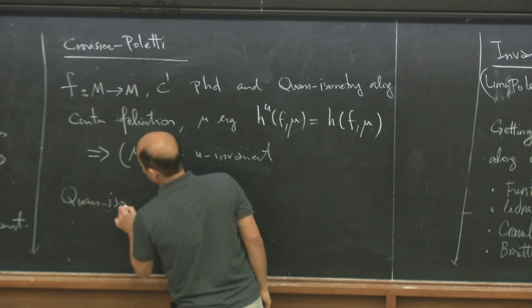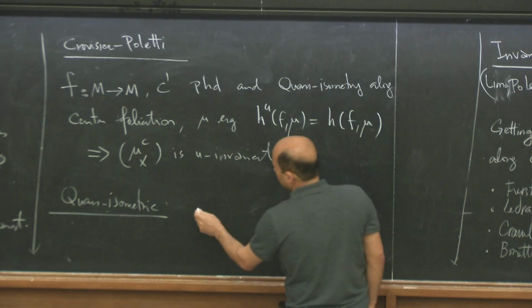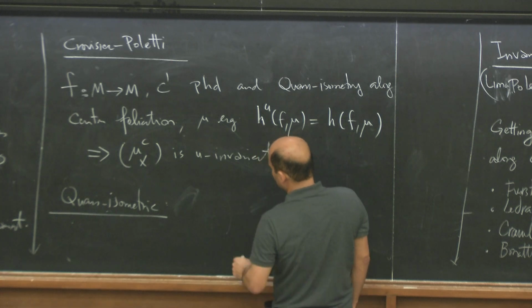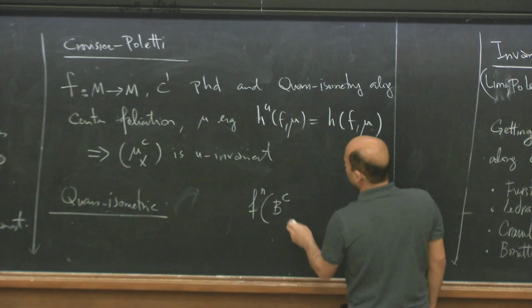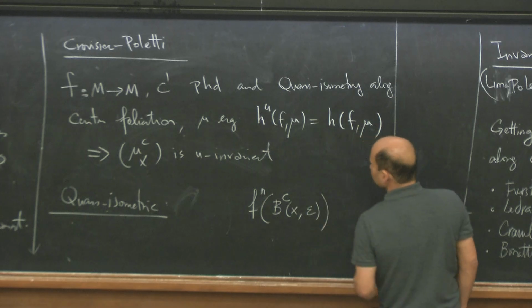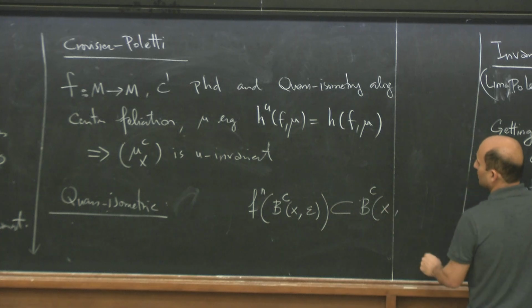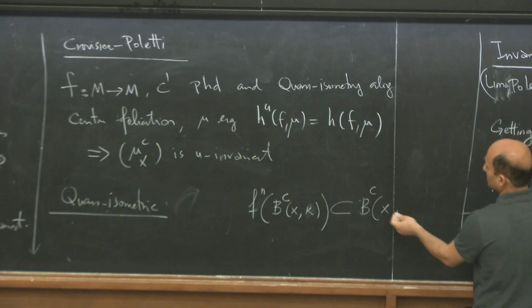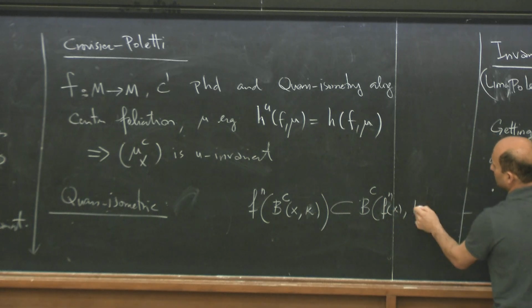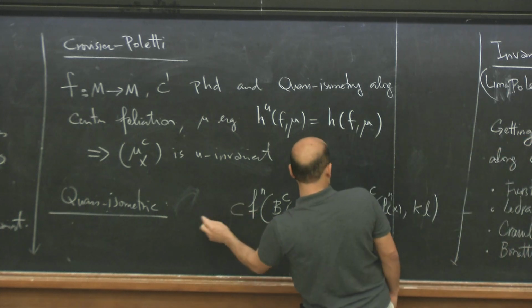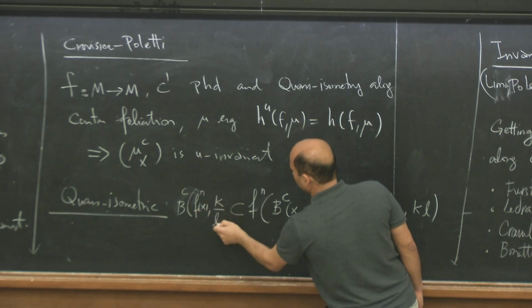And I should define for you what is quasi-isometric. The quasi-isometric property means that if you iterate, there exists some L such that for large n, the image under F^n of the center ball around the point x of size epsilon is inside the center ball of F^n x, maybe a bit larger ball, and it also contains the center ball of size epsilon divided by L. Okay?